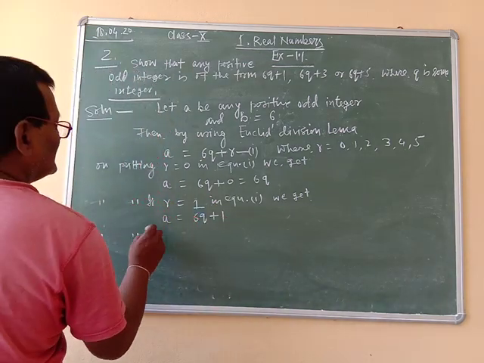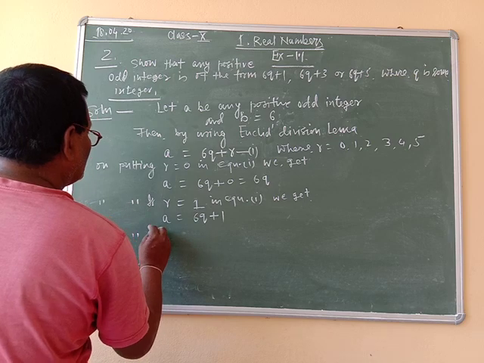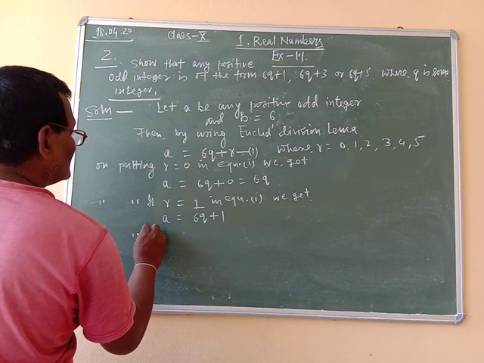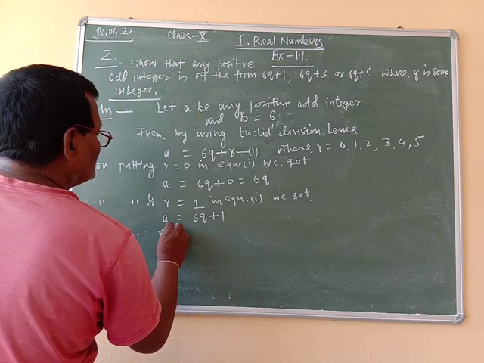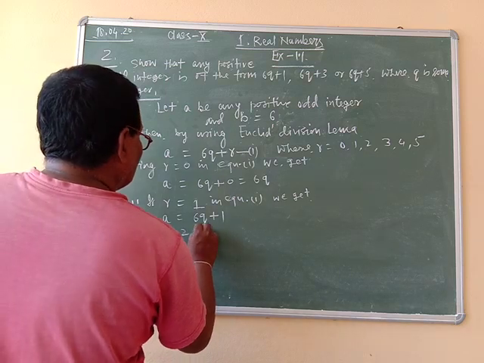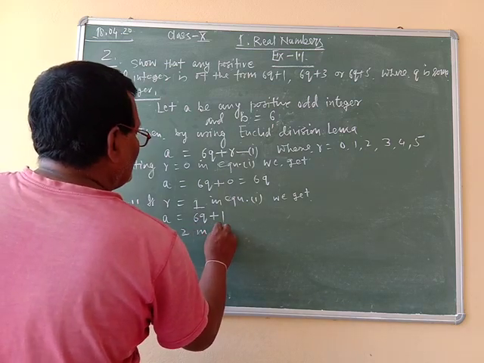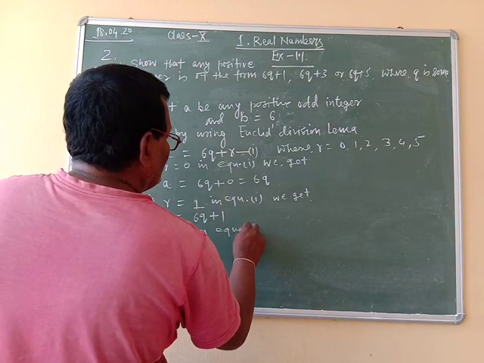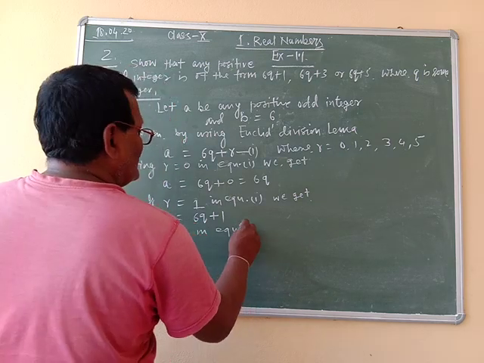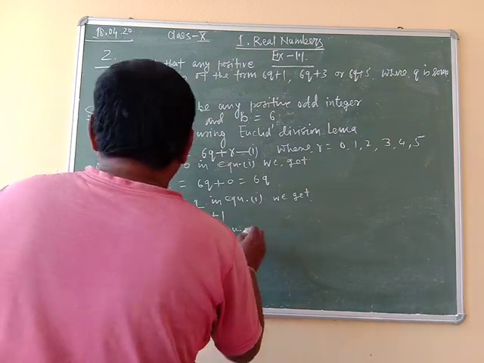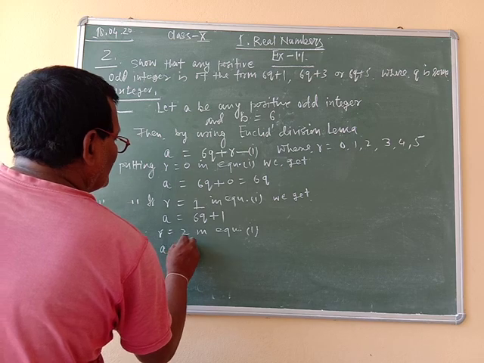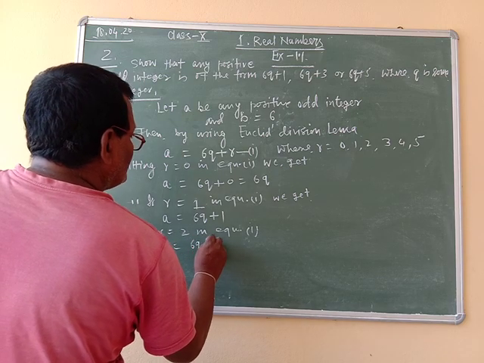Also putting r equal to 2 in equation 1, a equals 6q plus 2.